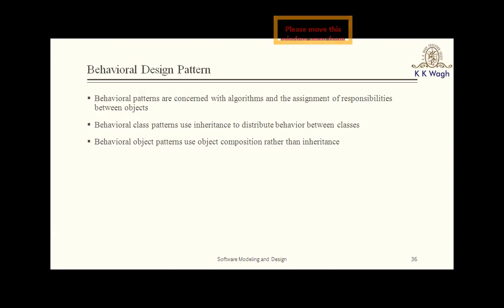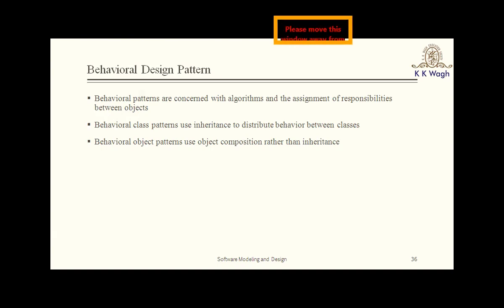The important issue here is how peer objects know about each other. For that purpose, different design patterns are used. We will see in detail in further slides what those patterns are.